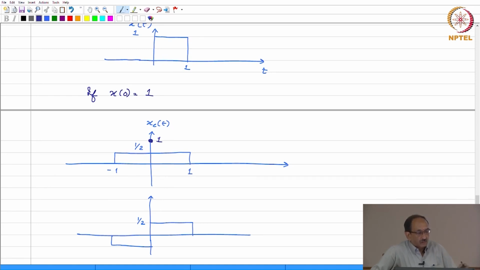If x of 0 were 0, then the original picture stays fine. x of 0 can also be undefined, then also this picture is fine, except that at 0 the even and odd parts are not defined.